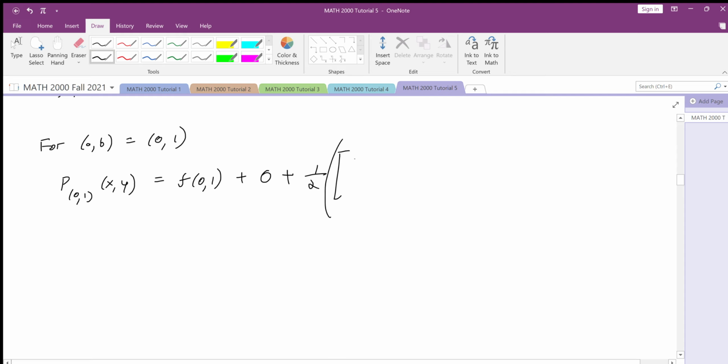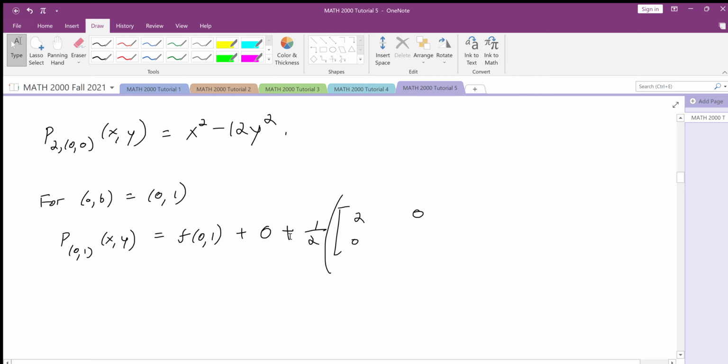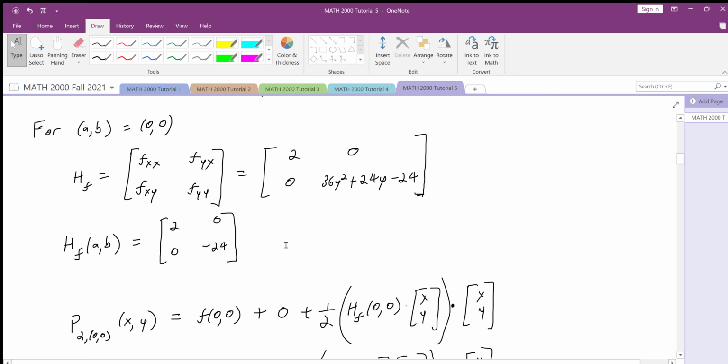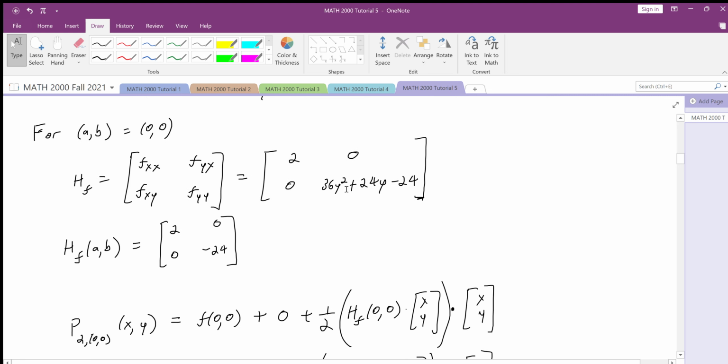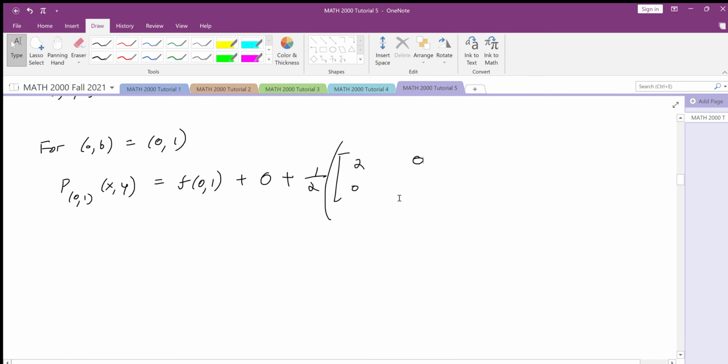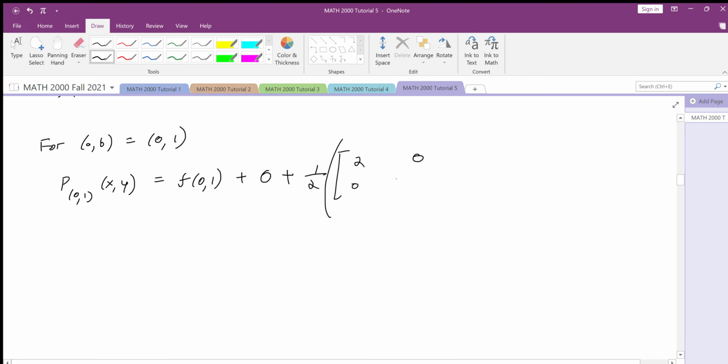If you just scroll back up to the Hessian for a sec, it's 36y squared plus 24y minus 24. So 1 squared is just 1, right?